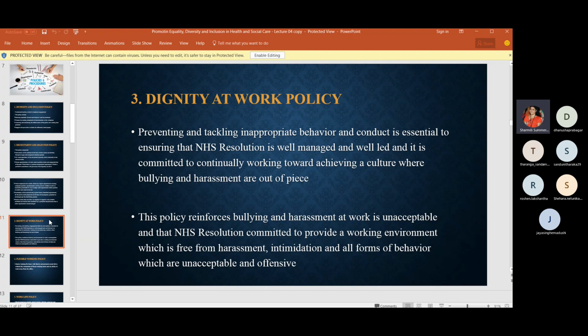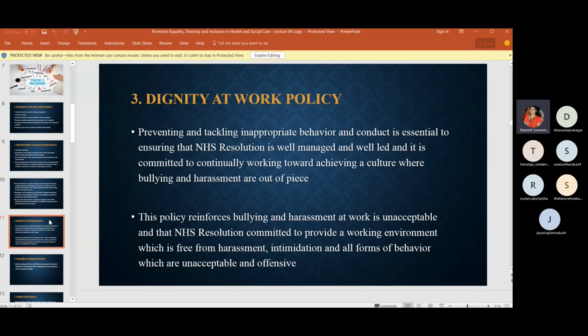Normally they mainly follow it in the United Kingdom. According to this policy, any person who is working, even a minor employee or a major employee, can prevent and tackle inappropriate behaviors which they are experiencing from the higher authority or the co-worker.